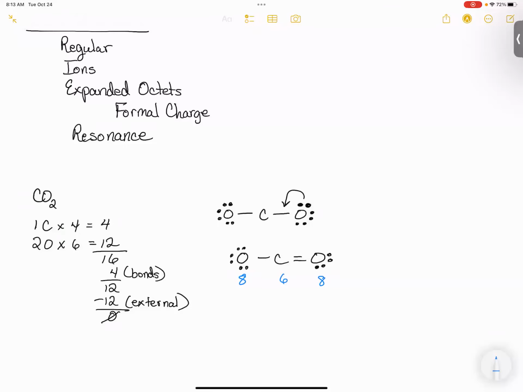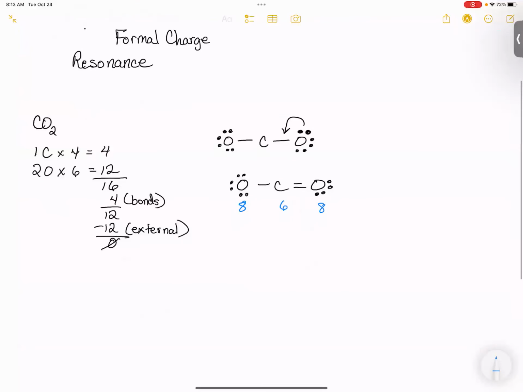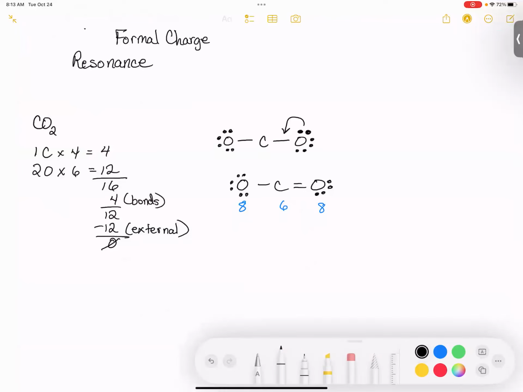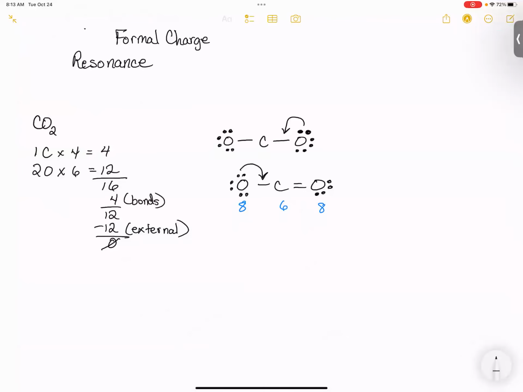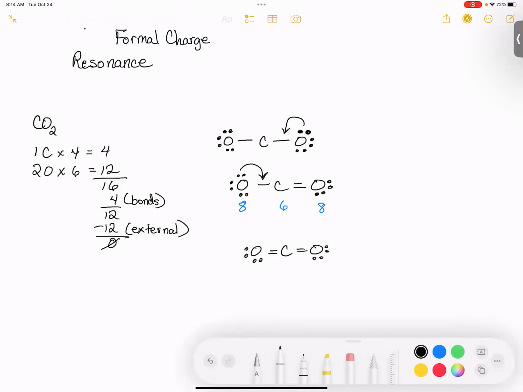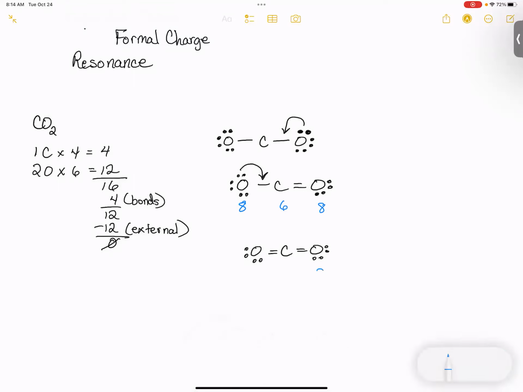So we're going to bring in another pair of electrons to share. And chemistry really likes symmetry. So instead of bringing more in off of the oxygen on the right, we're going to make sure this molecule is symmetrical by bringing in some off of the left. And when you manipulate it, you ask, does everybody have an octet? The oxygen on the right still has an octet.